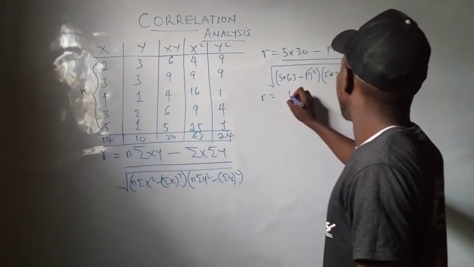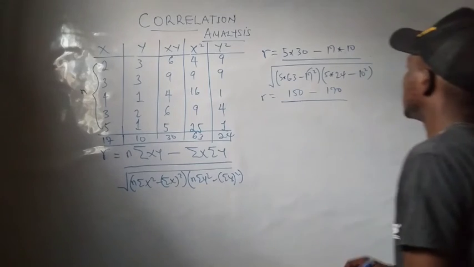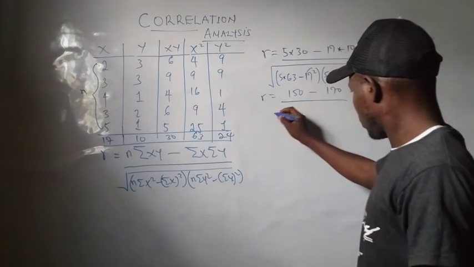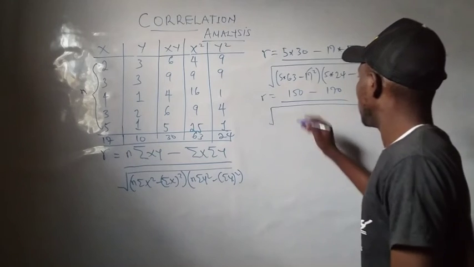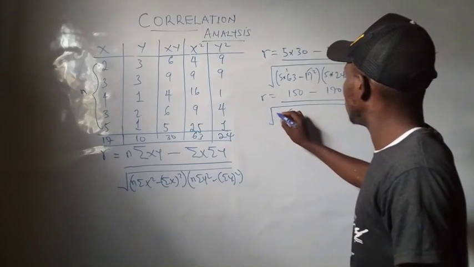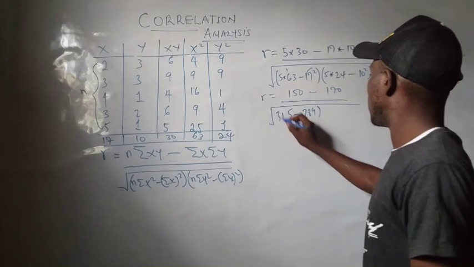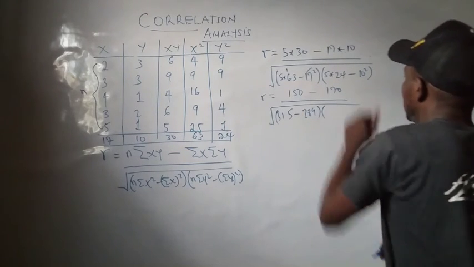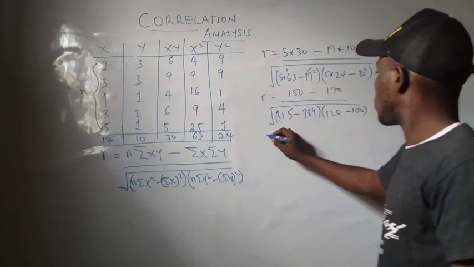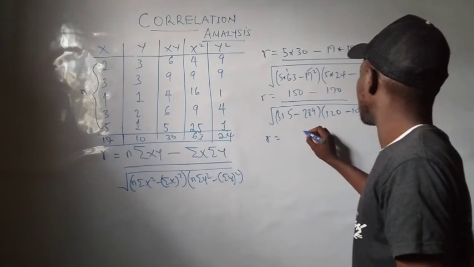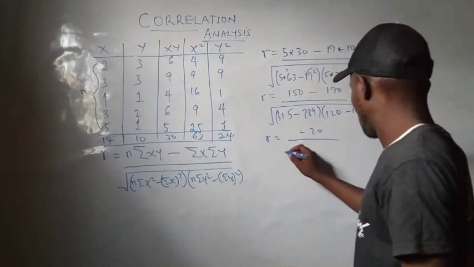So at that very end, I have 150 minus 170. So over the square root of 315 minus 17 squared, which is 289, all in bracket. Then I have 120 minus 100. So I have it that my r is minus 20 all over, when we subtract this, what do we have?